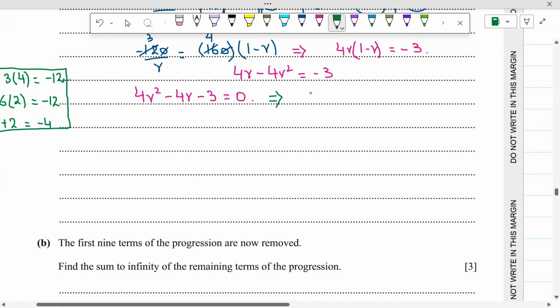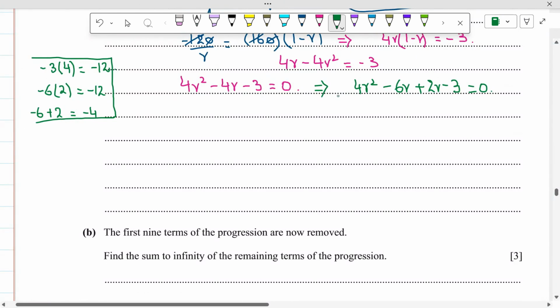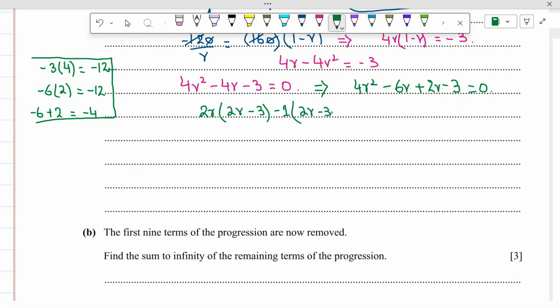So this equation is 4R squared minus 6R plus 2R minus 3 equal to 0. Taking 2R common from the first two terms, we will have 2R times 2R minus 3. Taking 1 common, we will have 2R minus 3. Sorry, positive 1. This one is positive, equal to 0.